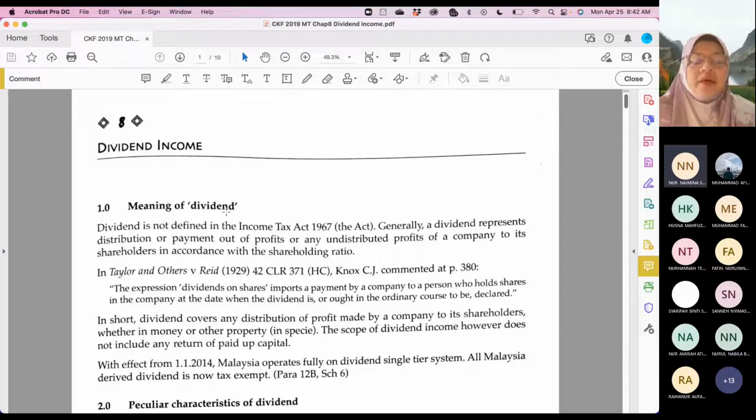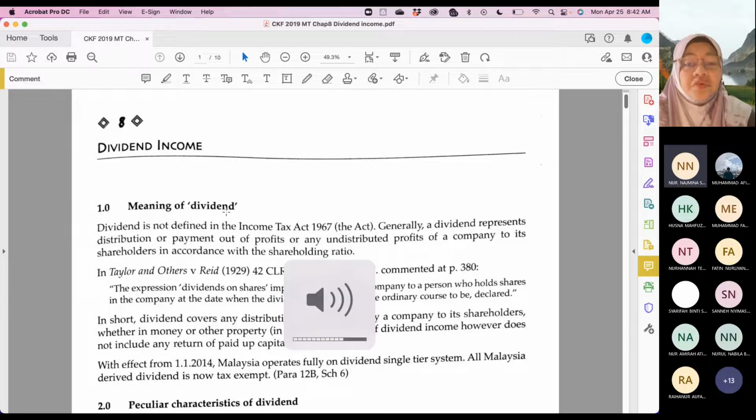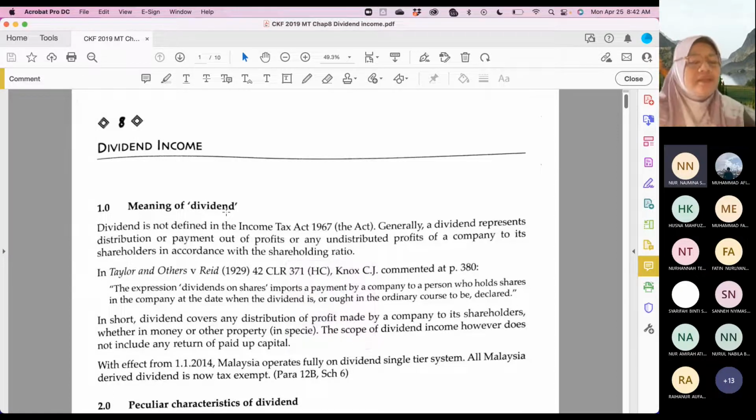Yes. All right. So dividend income. Remember which section is this? DID, dividend, interest and discount. Section 4C, right? So always remember DID is 4C, 4D is RRP.